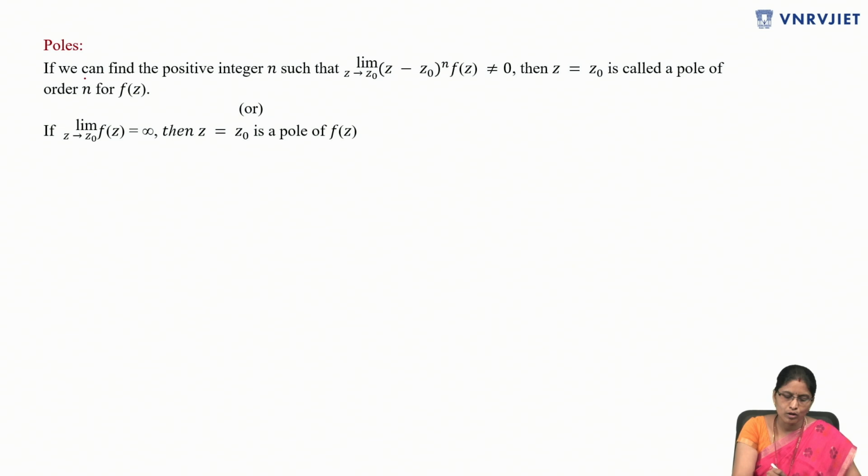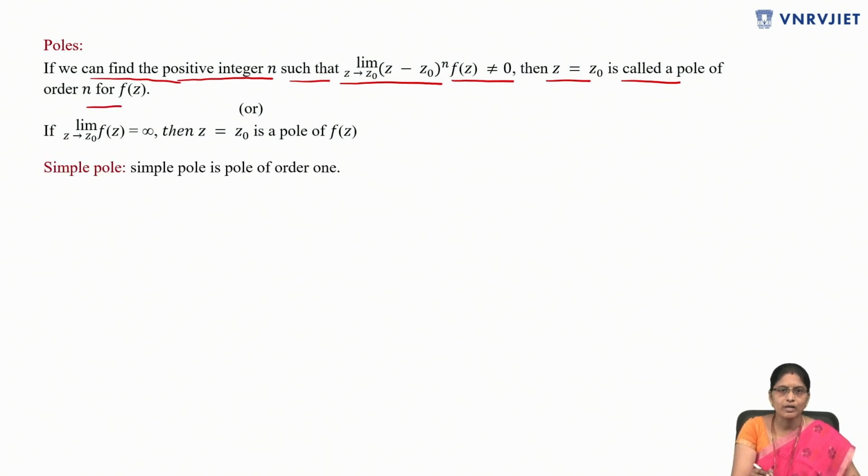Next, we discuss the definition of a pole. So what is a pole? If we can find a positive integer n such that the limit as z tends to z0 of (z - z0)^n f(z) is not equal to 0, then the point is called a pole of order n for the function f(z).